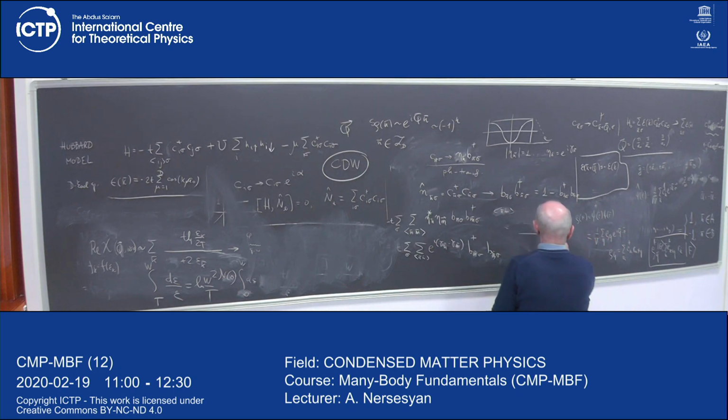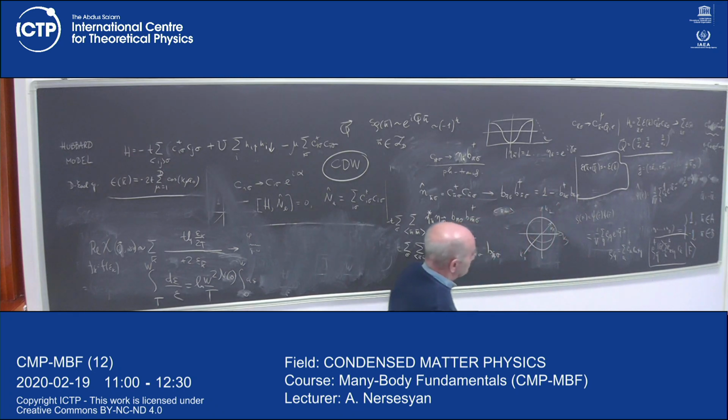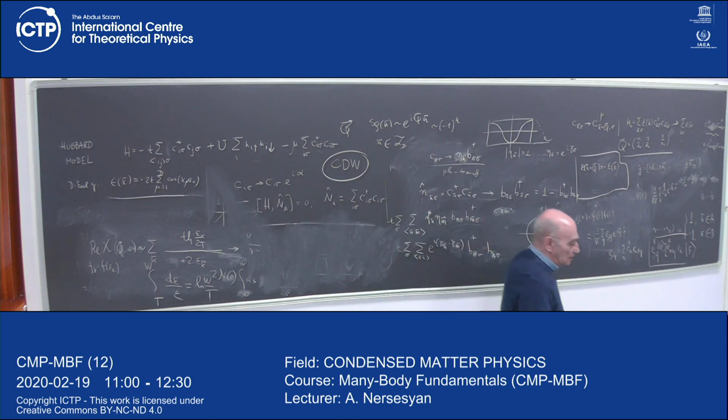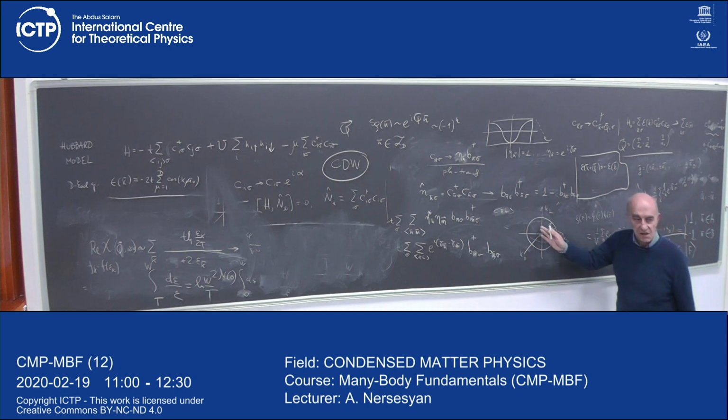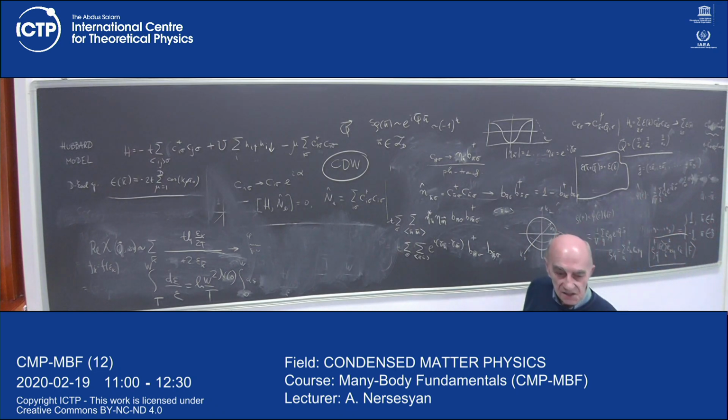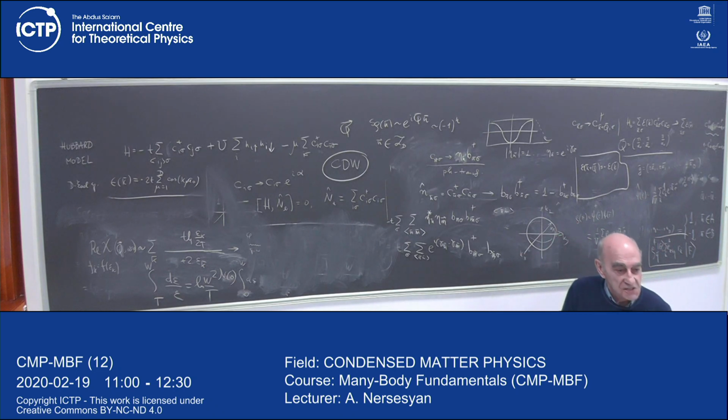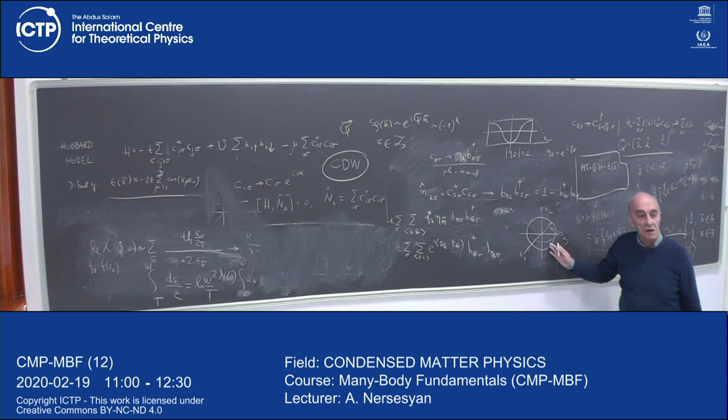It is a state in momentum space kx, ky, kz, which represents a sphere of radius kF, which is called the Fermi radius. I'm back from lattice to continuum, but it's an ideal Fermi gas where all the states inside are filled and outside are empty. So it's a vacuum only for the holes.